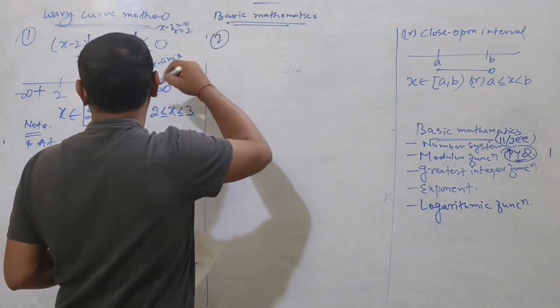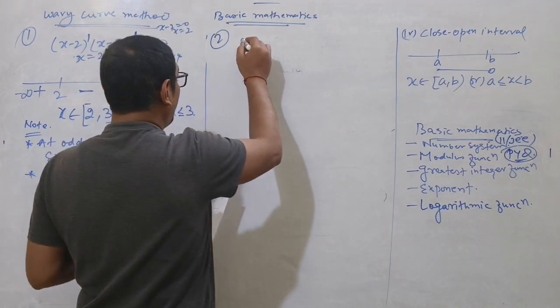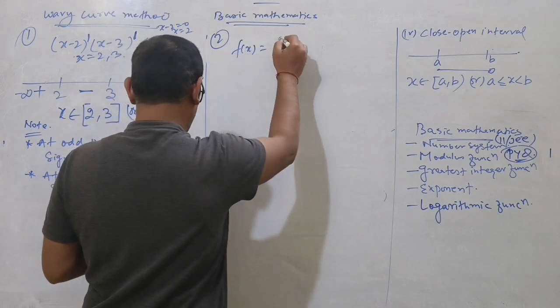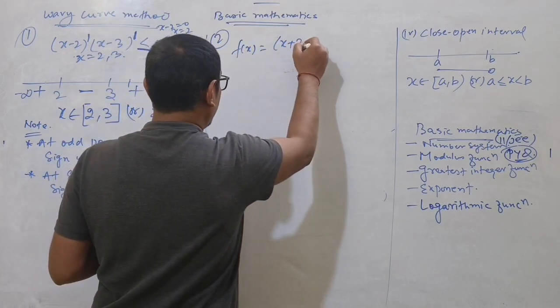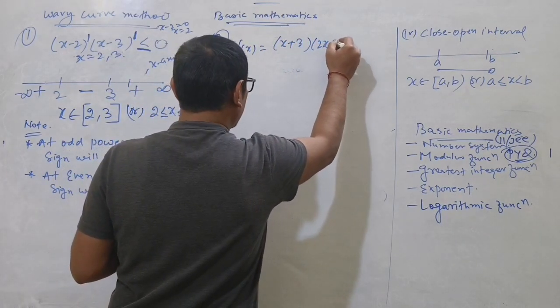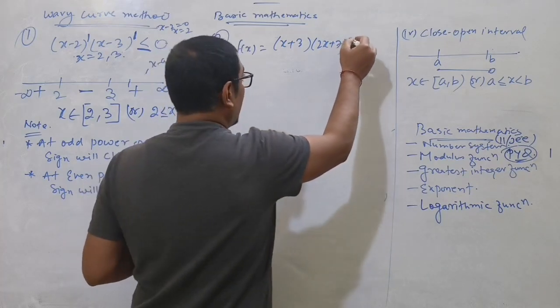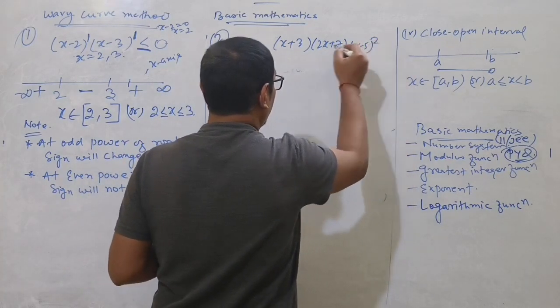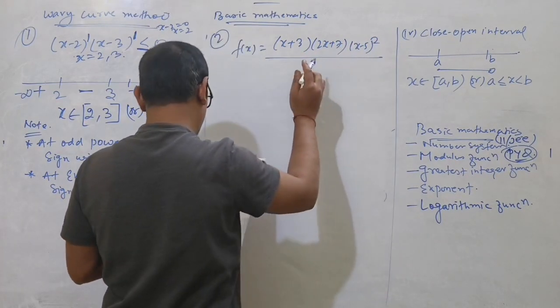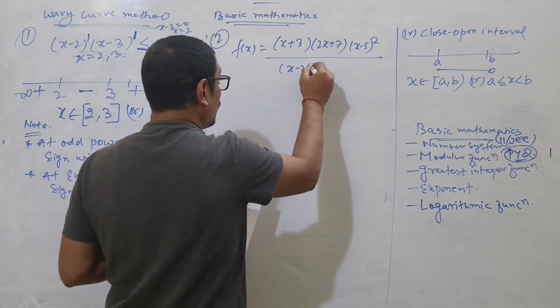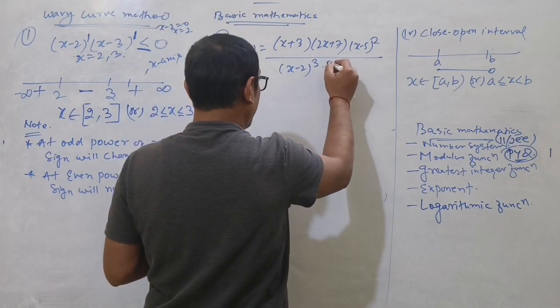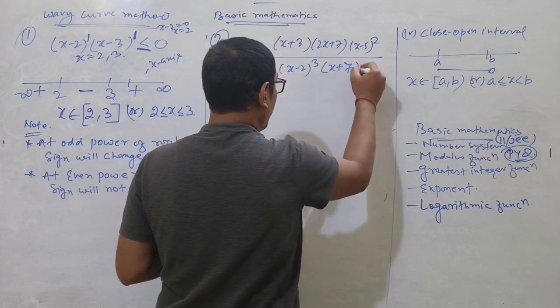The second one: f of x is equal to (x plus 3)(2x plus 7)(x minus 5) square divided by (x minus 2) cube and (x plus 7) to the power 4.